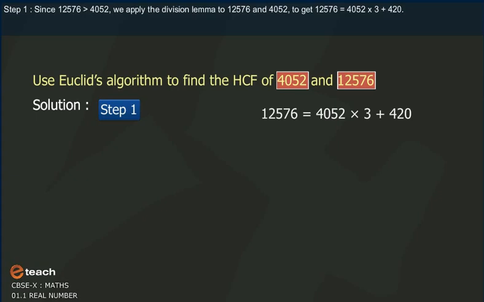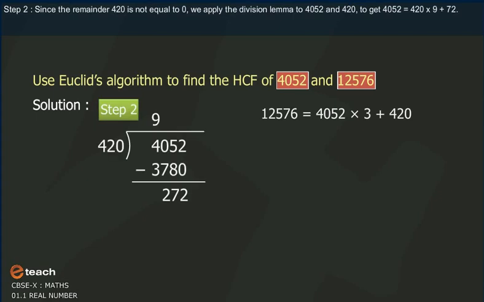12576 = 4052 × 3 + 420. Step 2. Since the remainder 420 is not equal to 0, we apply the division lemma to 4052 and 420 to get 4052 = 420 × 9 + 272.